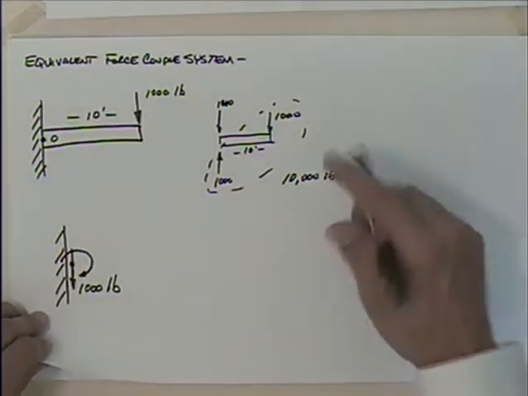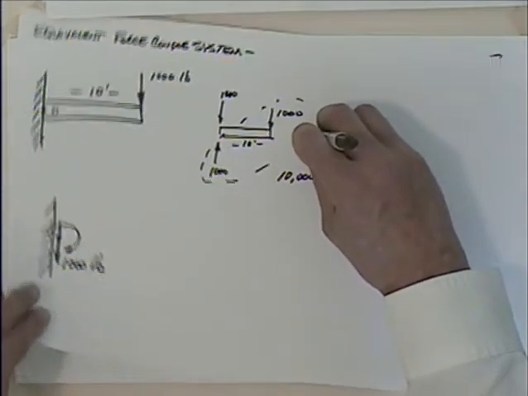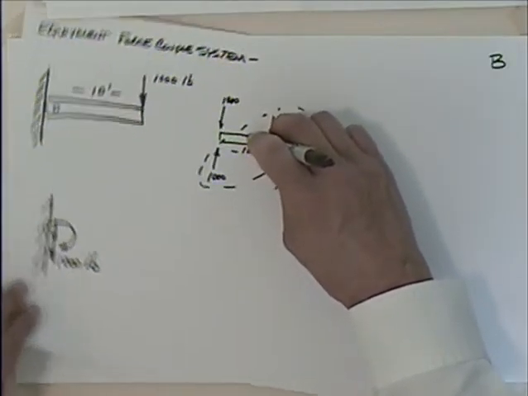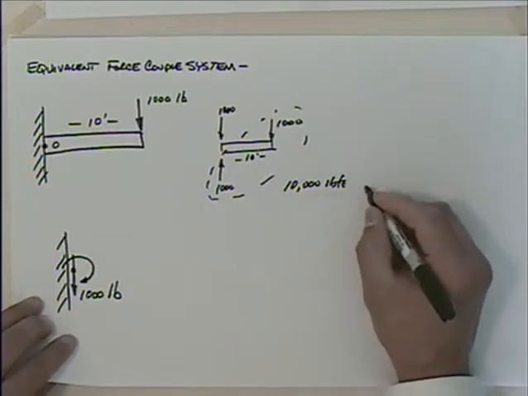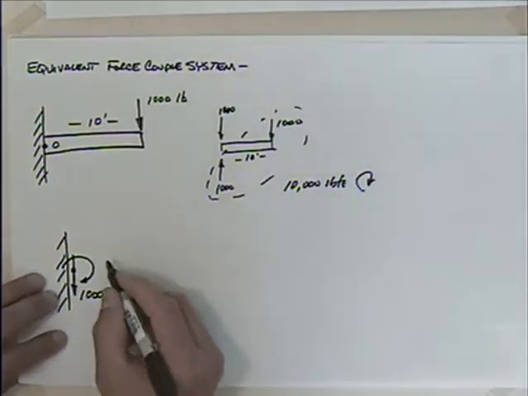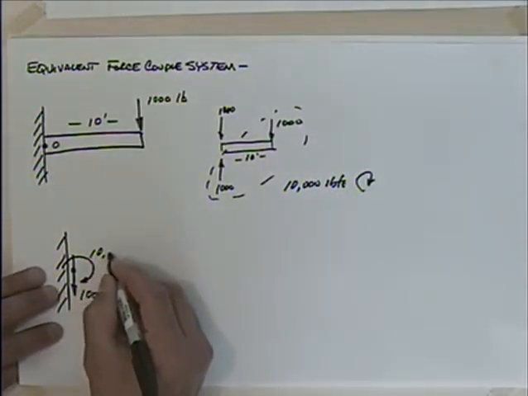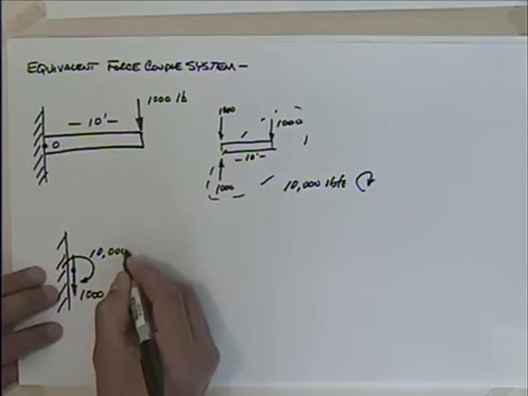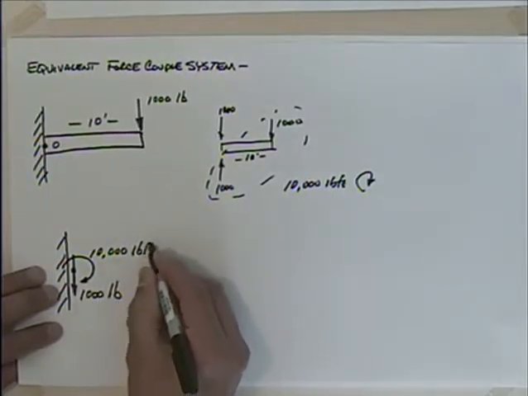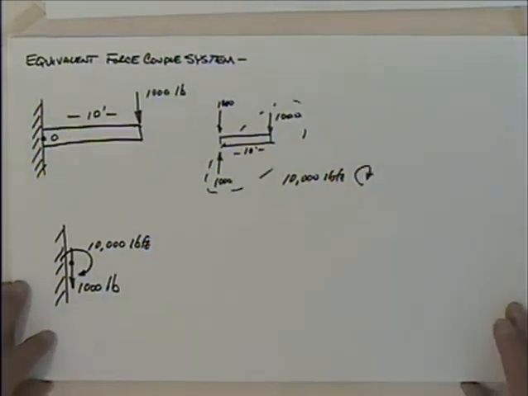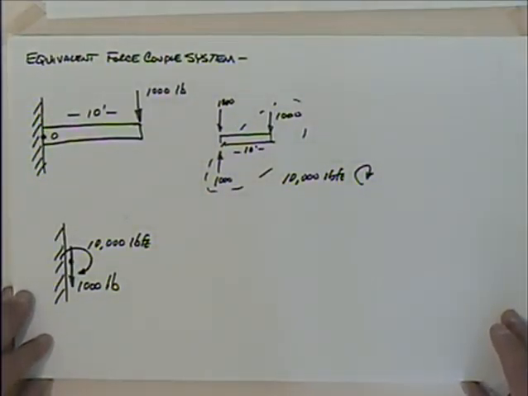If we pin that here, it's going to rotate that way. If we pin it right there, it's going to rotate that way. So this is always going to be rotating like this. So we could say that this was then 10,000 pound-feet.